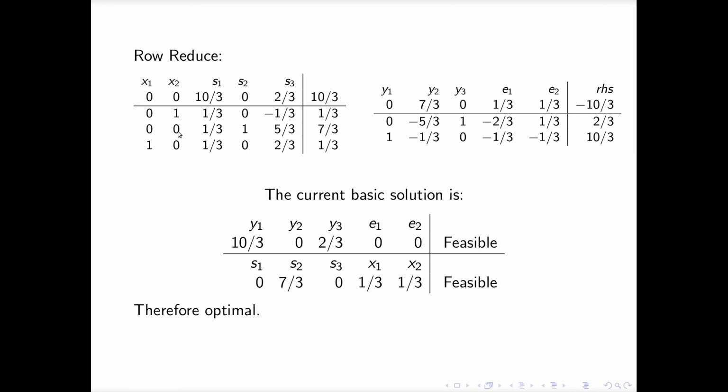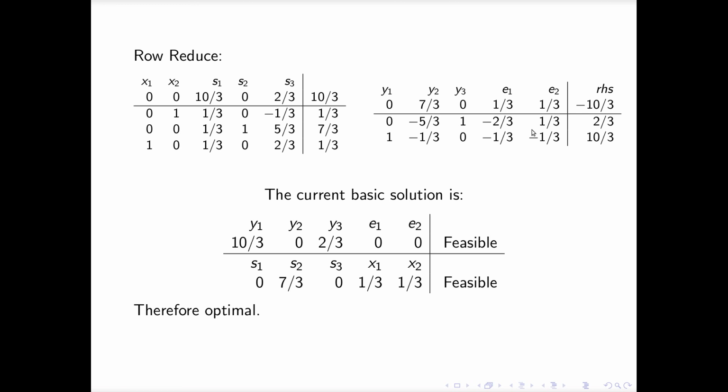And on the right hand side, X1 and X2 are 1/3, right? And then we get the slack variables. S1 is 0, S2 is 7/3, S3 is 0. Good. And now both the original and the right hand side are feasible.